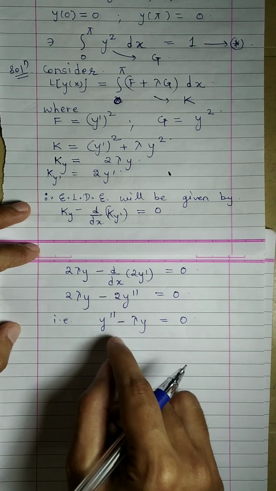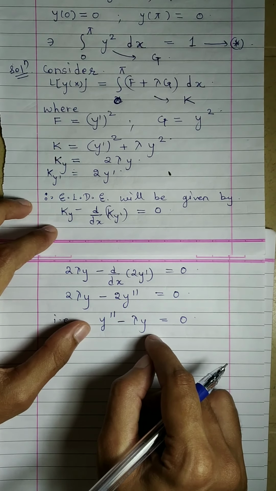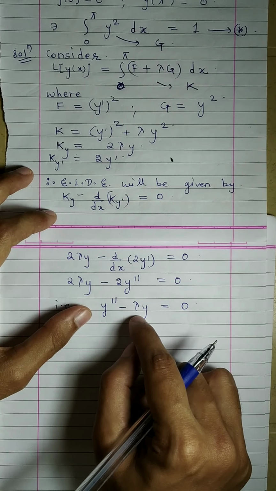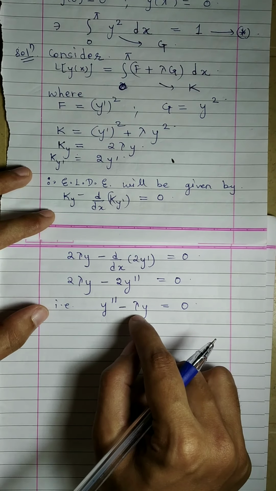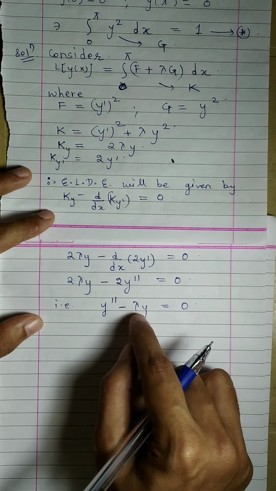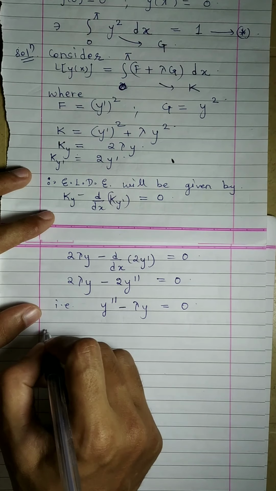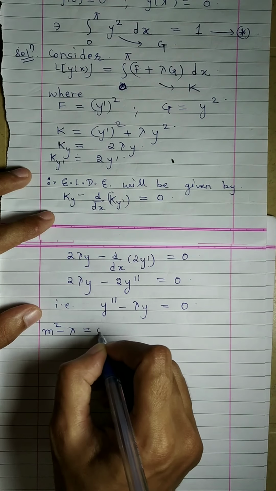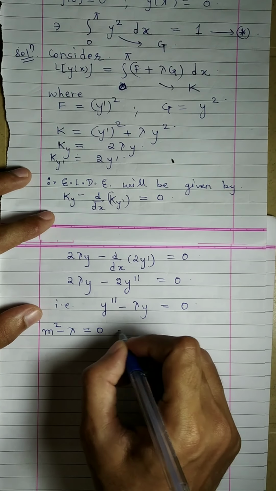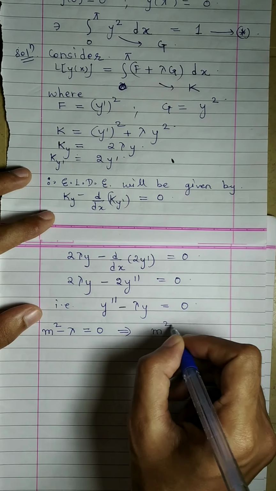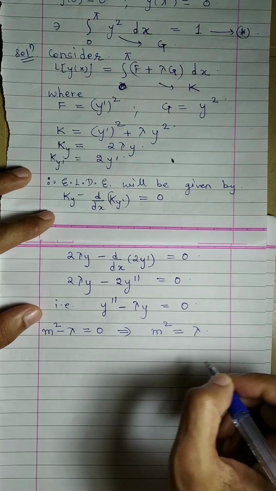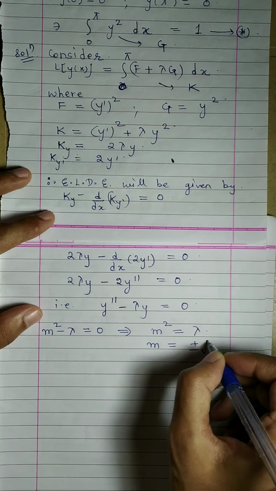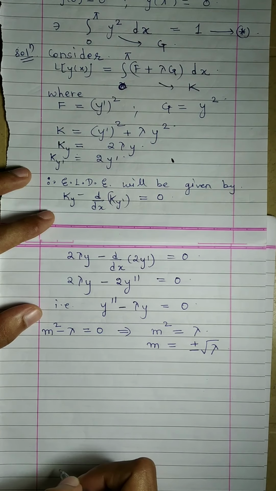But to solve this differential equation, what we will have to know is what is this lambda. And now we will take cases on this lambda. The corresponding auxiliary equation will be m square minus lambda equal to 0, so m square is equal to lambda, and m is equal to plus or minus root of lambda.